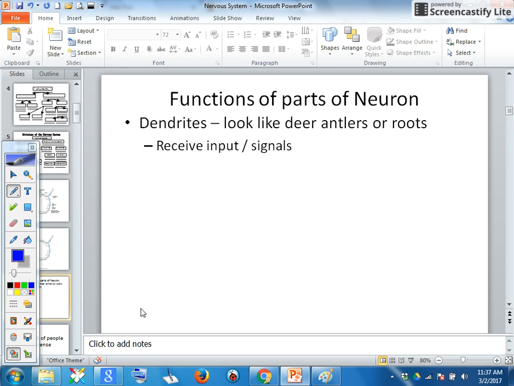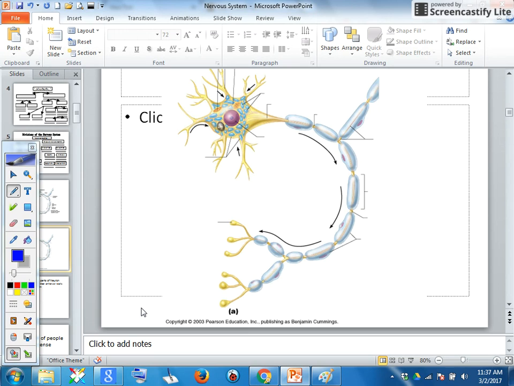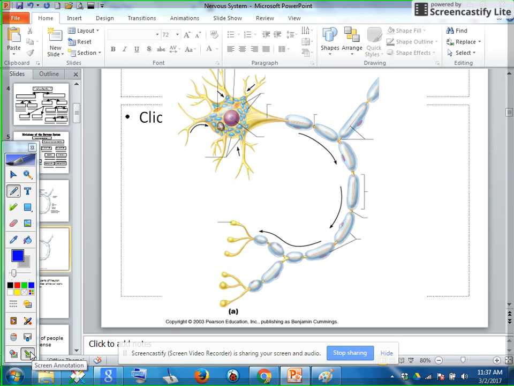So first, the dendrites. The dendrites are here. Right here, they look like the little deer antlers. These things right here are the dendrites. And as the definition says, they look like deer antlers or tree branches or tree roots.